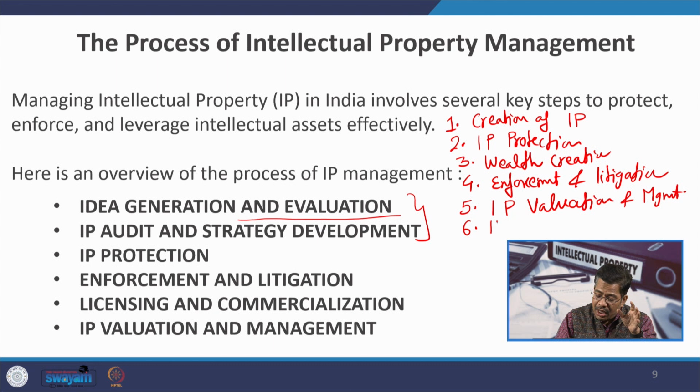So, IP abandonment can also be an important element in this process of intellectual property management. Your portfolio should always be up to date, which is required for the future. So, removing the dead weight from your portfolio is also a part of intellectual property management.